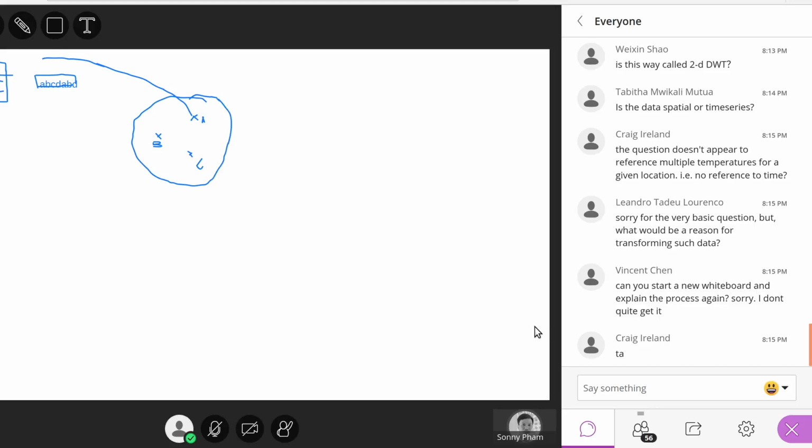I hope that makes sense. So what we are interested in is how can we represent the combination of temperature values and text values in some format that we can, for example, classify.